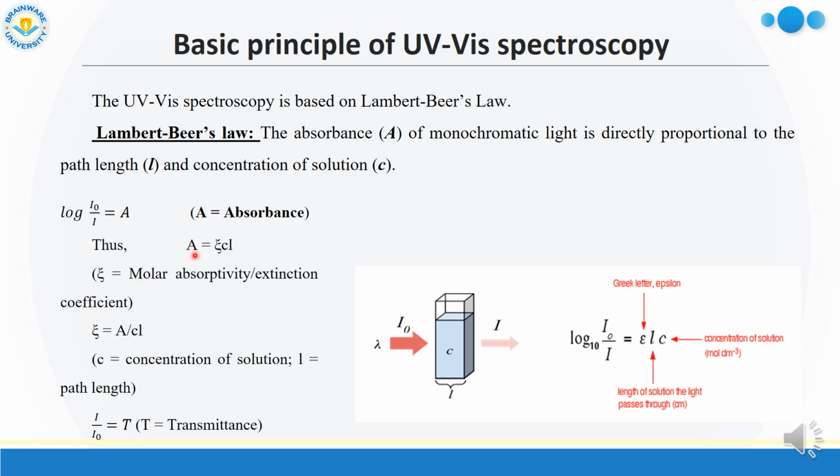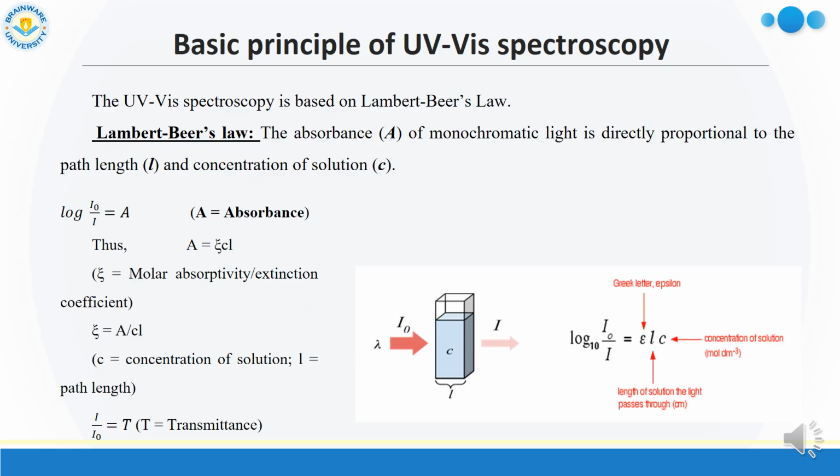This A is equal to epsilon C L. What is epsilon? Epsilon is the molar extinction coefficient, C is the concentration of the sample solution, and L is the path length. So this is our basic formula of UV visible spectroscopy.